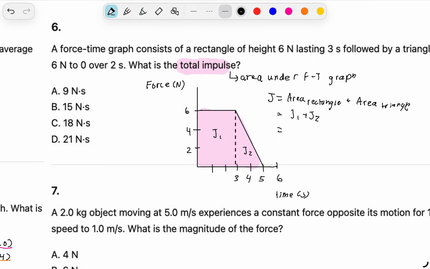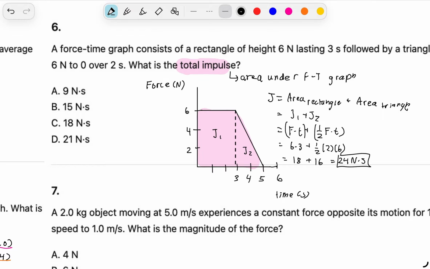So we have force times time plus 1/2 of force times time. Those are actually in units of 18 newtons times seconds plus 6 newtons times seconds.